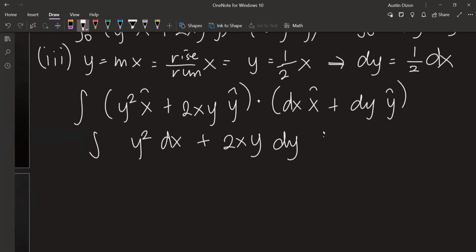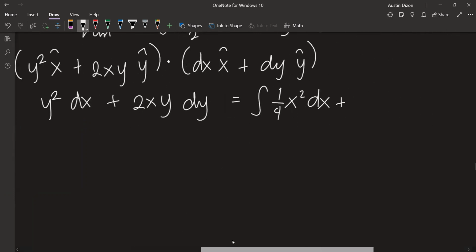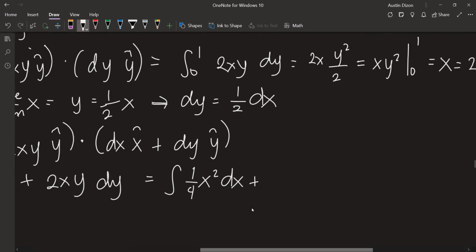Pwede natin simplify ito. Yung y squared mo is just (1/2 x) squared. Papunta tayong x, no? So lipat natin sa lahat ng x. So 1/4 x squared dx plus 2x. Yung y mo is just 1/2 x.